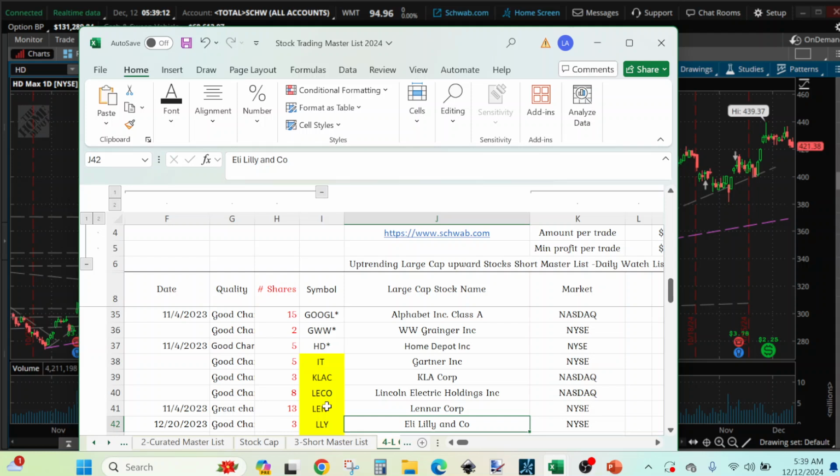And LEN, we purchased LEN. Let's see how it's doing. Ooh, do you see that? Okay, so it seems to me that it's falling off of this and it's going down to here when we bought it somewhere here.